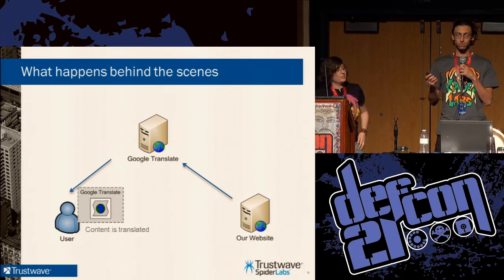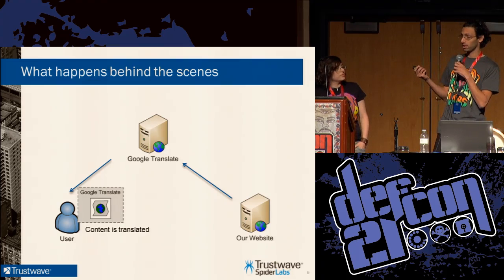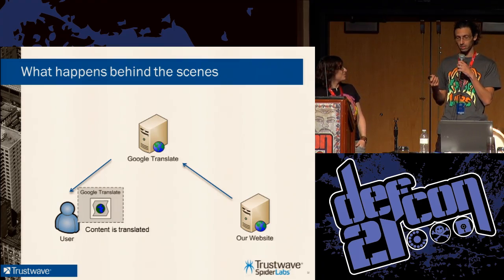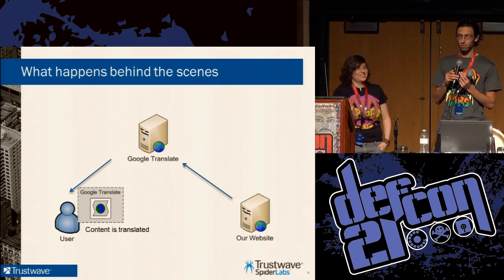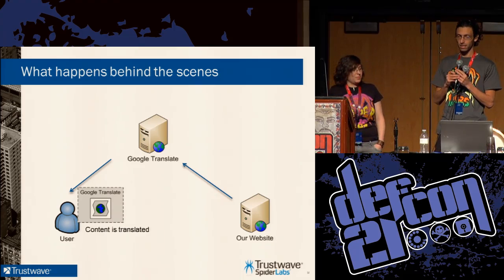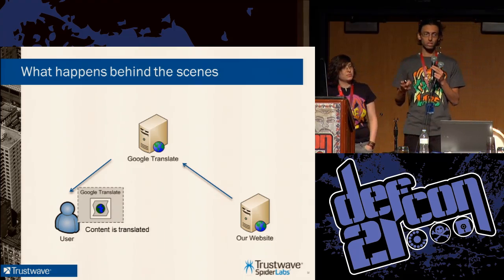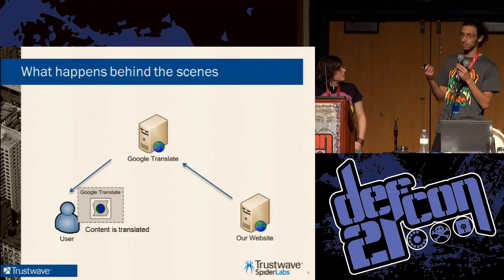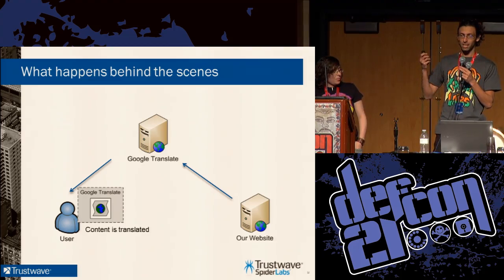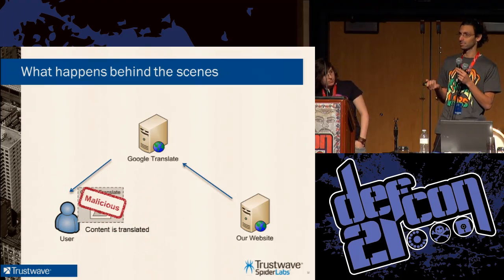The user's browser translates the content of the page, and by doing so, it creates a decryption key for us to use. Afterward, the JavaScript code is executed and uses the key to decrypt the JavaScript code, which turns the page into a malicious page.